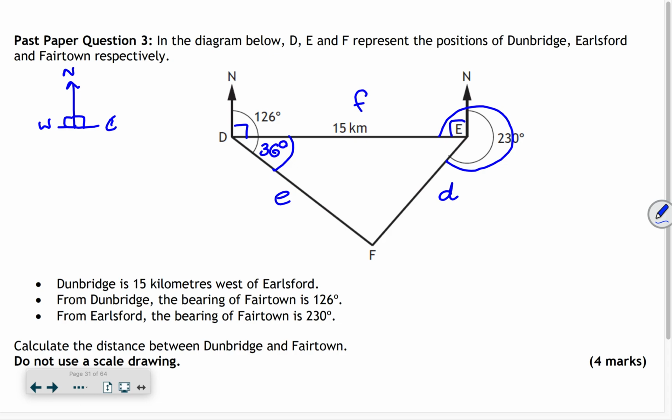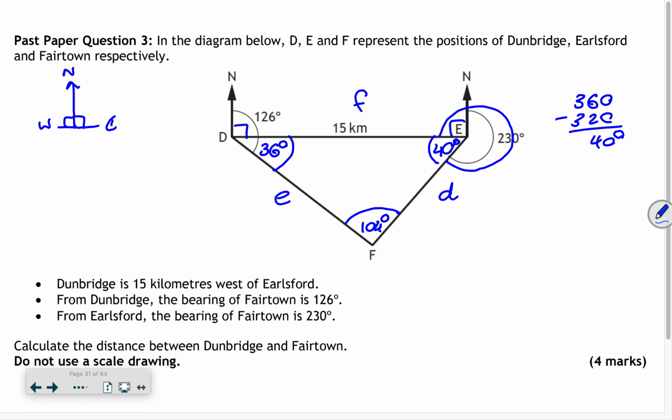So this angle here is going to be 360 take away the 320, so that's going to be 40 degrees. And because we can, let's fill out the size of the third angle. 36 plus 40 is 76, so 180 take away 76 is going to give me 104 degrees. And that's the angle that goes down here.